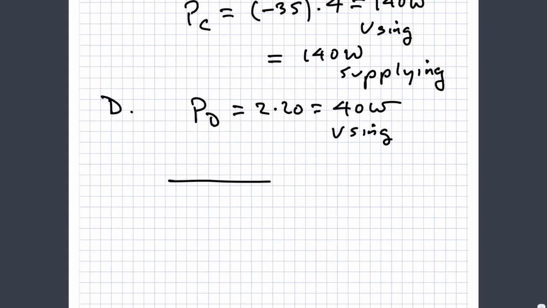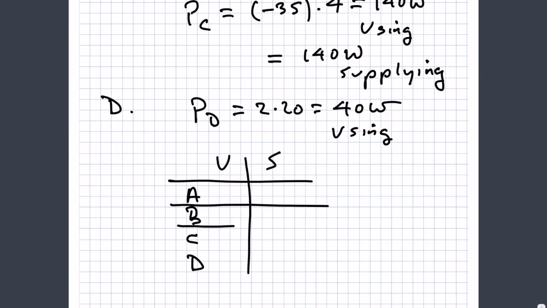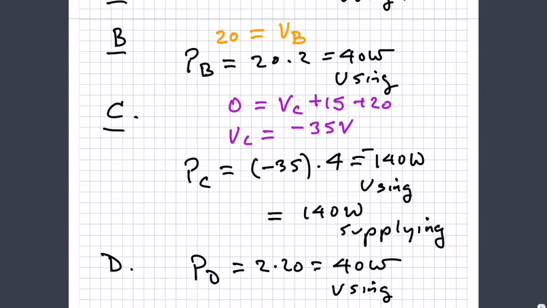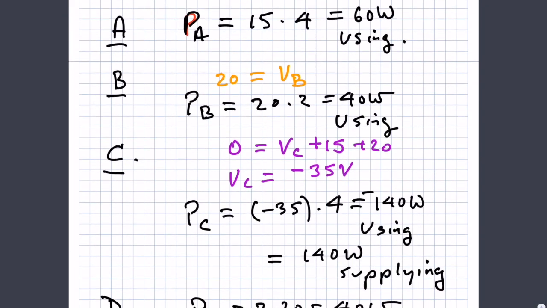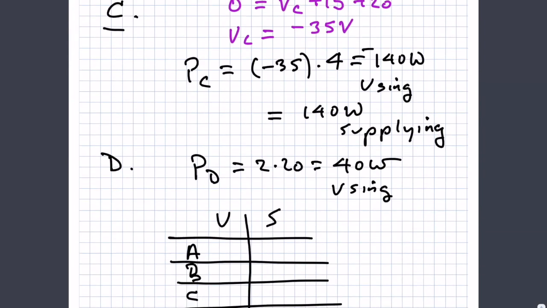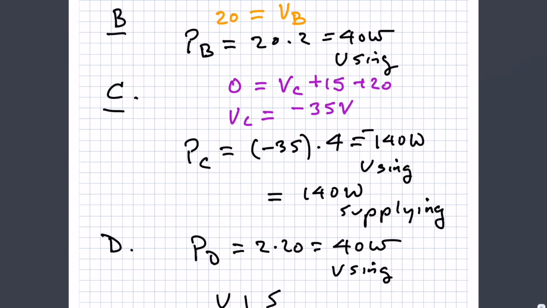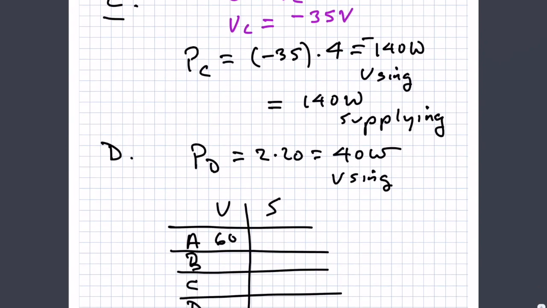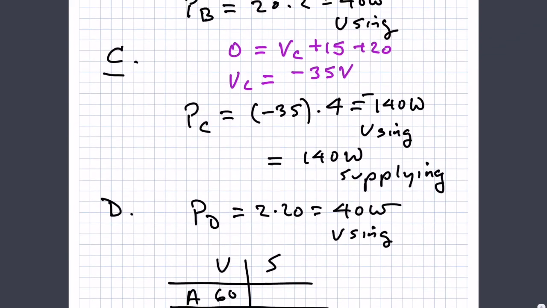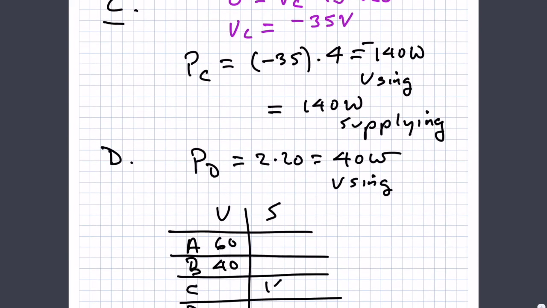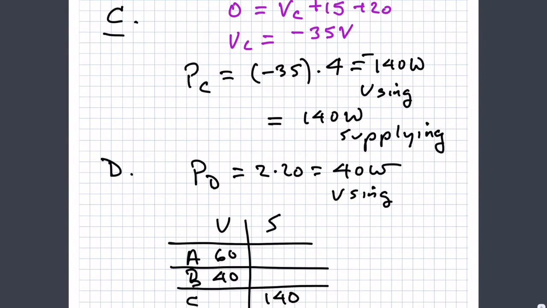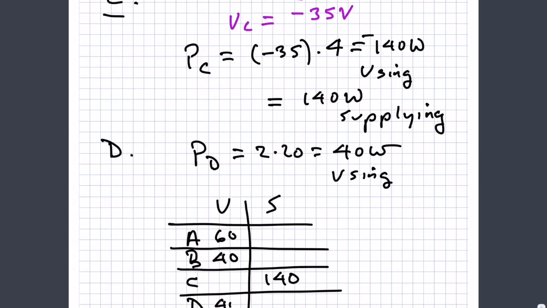So if I looked at elements A, B, C, and D, and I classified that as either using or supplying, then what I know is that element A is using 60 watts, element B is using 40 watts, element C is supplying 140 watts, and element D is using 40 watts.